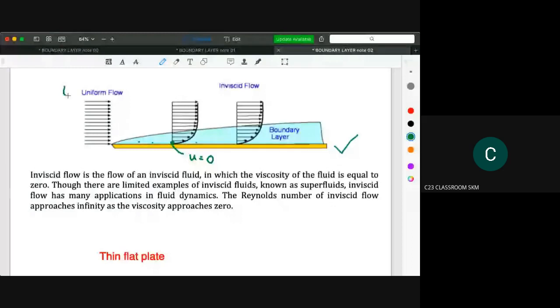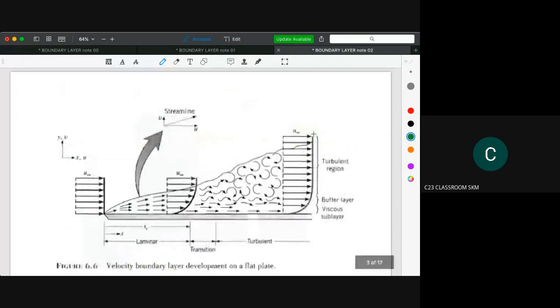In the previous chapter we used u for uniform flow, but here the uniform flow is actually the capital U. To differentiate between capital U and small u, in my handwriting I always write U with a bar on it. So this is the uniform flow, and the small u shows the velocity inside the velocity distribution. I will explain the velocity distribution later on.